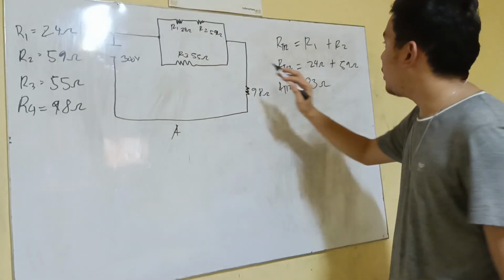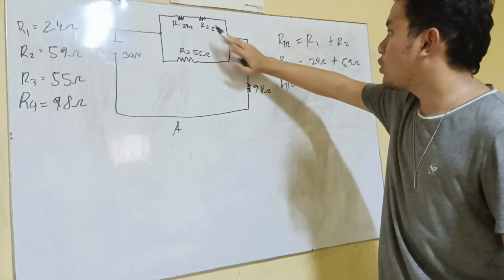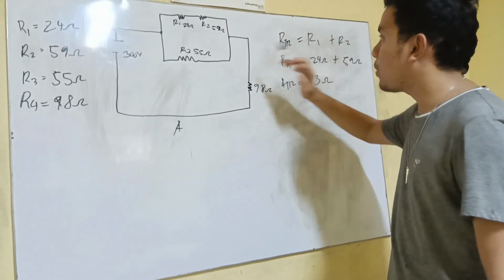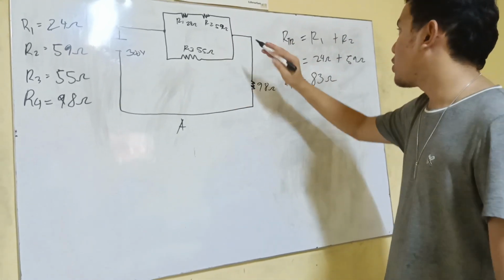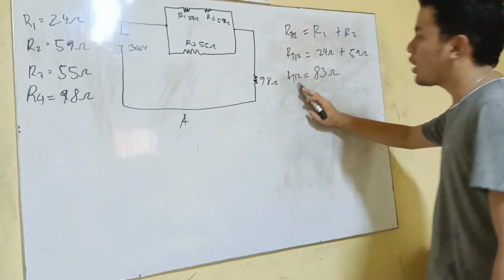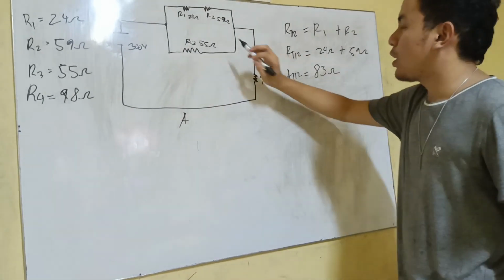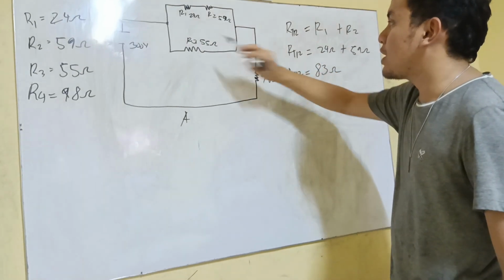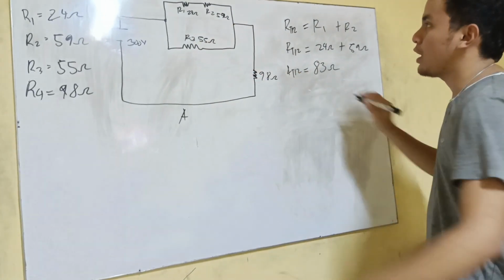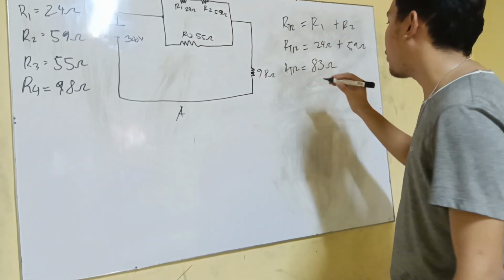The second one is we're going to solve R1, R2, R3. We have our R12 total, and our R3 is 55. So we're going to solve it with the parallel formula.